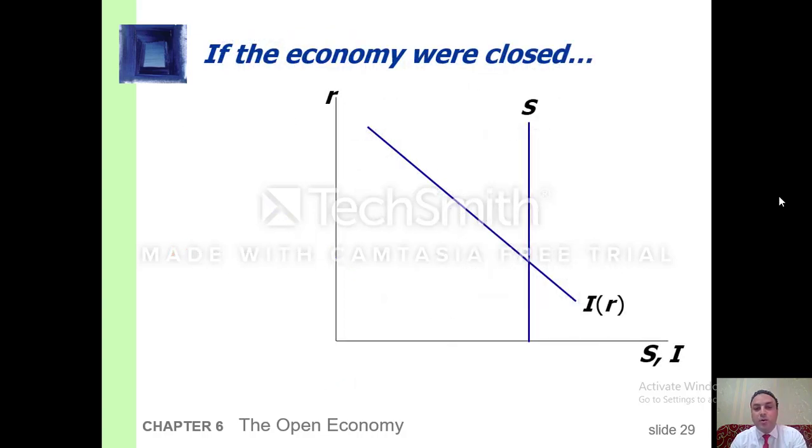So if the economy were closed, as we saw in the third chapter, we can see from this graph the interest rate on the vertical axis and the saving and investment on the horizontal axis. We also have the supply and demand curves. Supply is for savings, this vertical curve, and the investment curve is the demand curve for investment, which is determined by the interest rate.